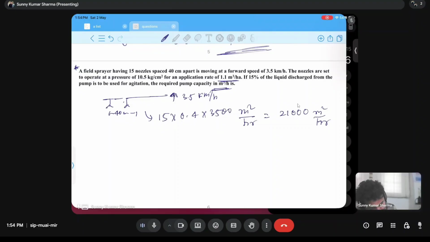And the application rate is also given here. The nozzles are set for an application rate of 1.1 meter cube per hectare. Here also you can find that it is in terms of area, in terms of meter square. You can see 1.1 meter cube in 10,000 meter square.